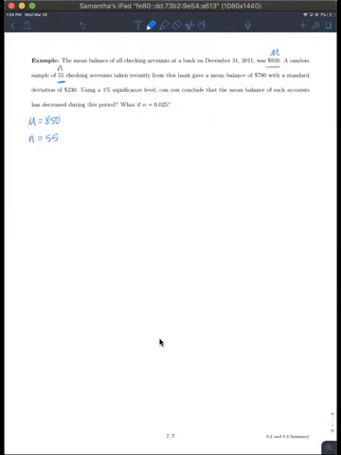Proportion's always a percentage. But here it says the random sample gave a mean balance of $780. So what is this 780? Yeah, that's X bar.